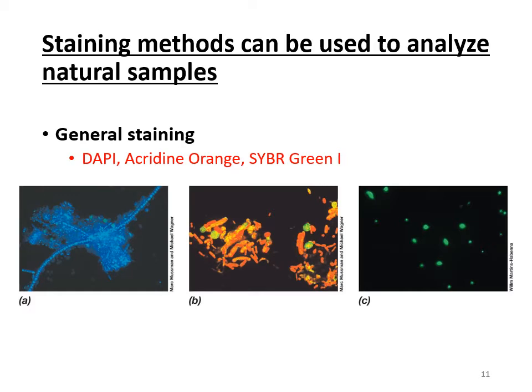And these are non-specific stains. DAPI, acridine orange, and SYBR green, the ones I have on this slide, are examples of non-specific stains. They'll stain nucleic acids, but they can't differentiate between live and dead cells. So you won't know if what you're looking at are living microbes or dead microbes.